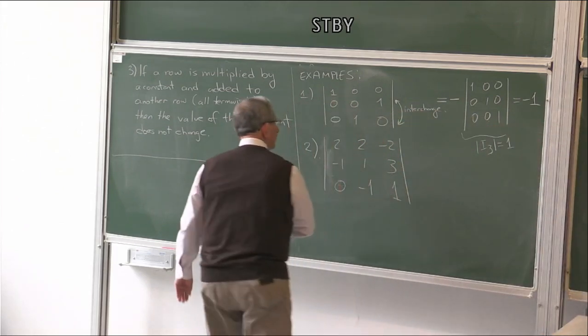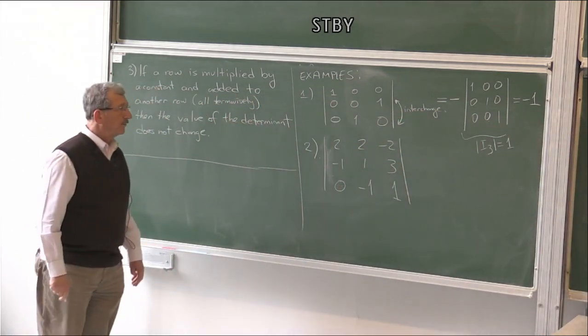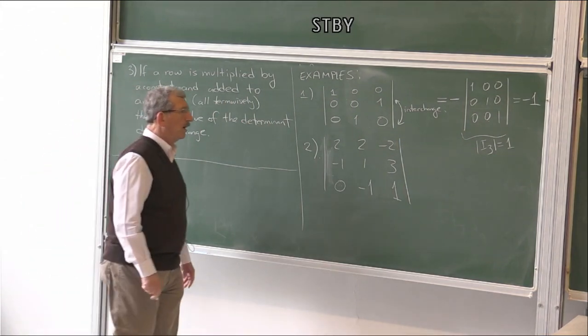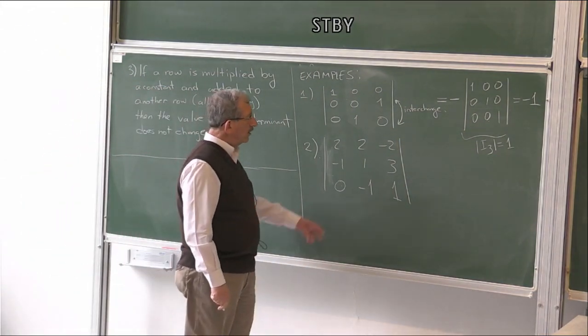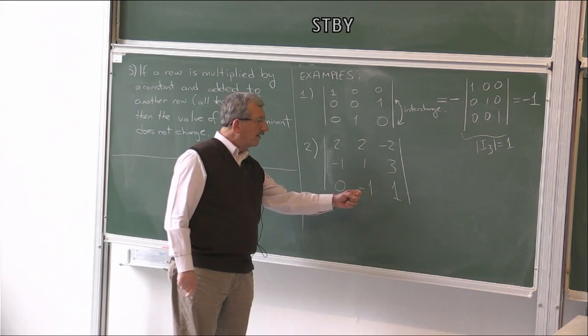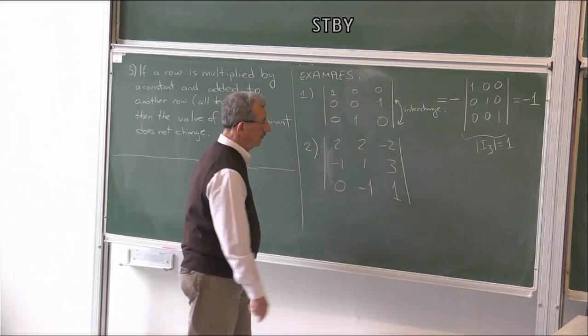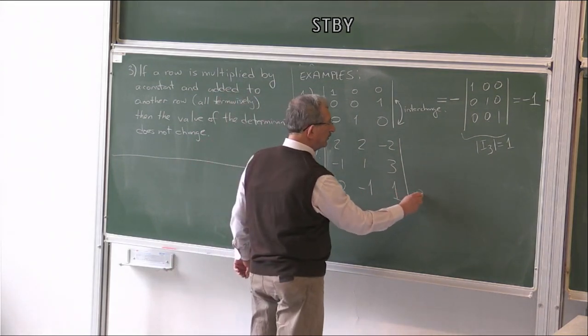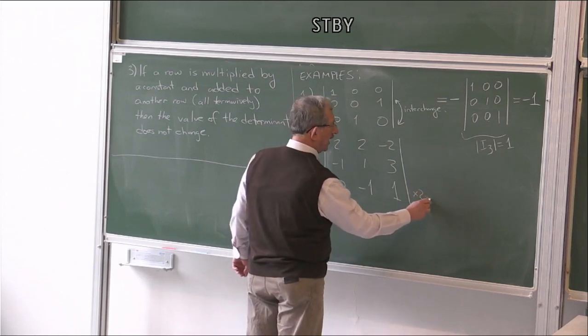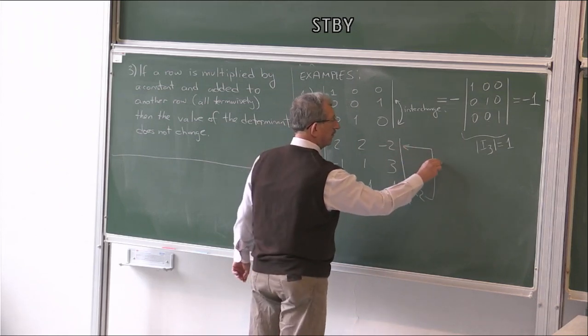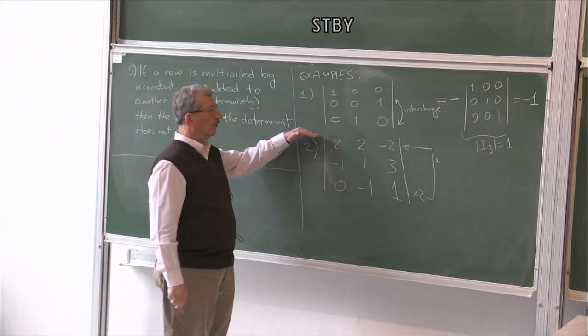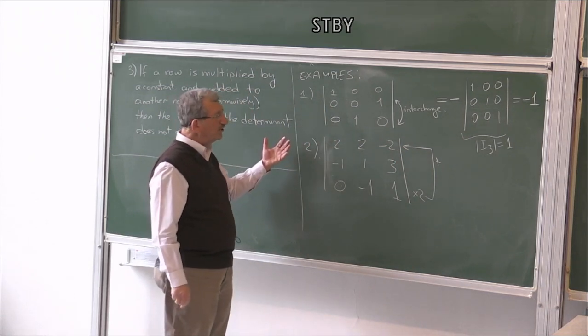Now there's only one 0 in here. Now, if we take the third row, multiply it with 2, and then add it to the first row. Now, what will that change?